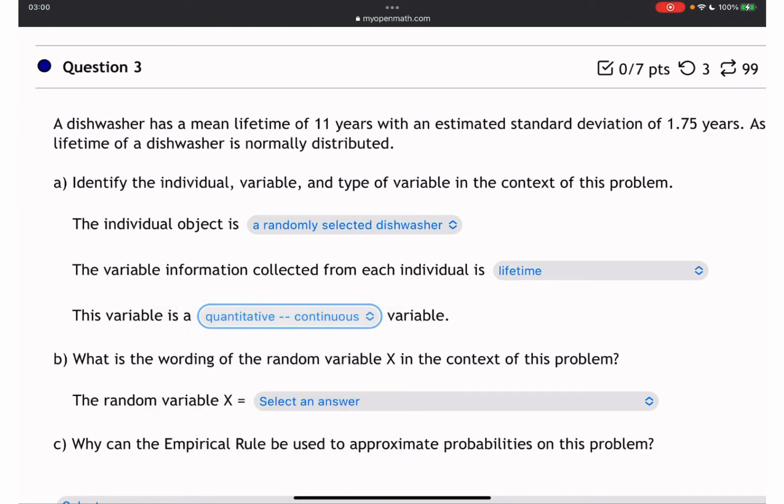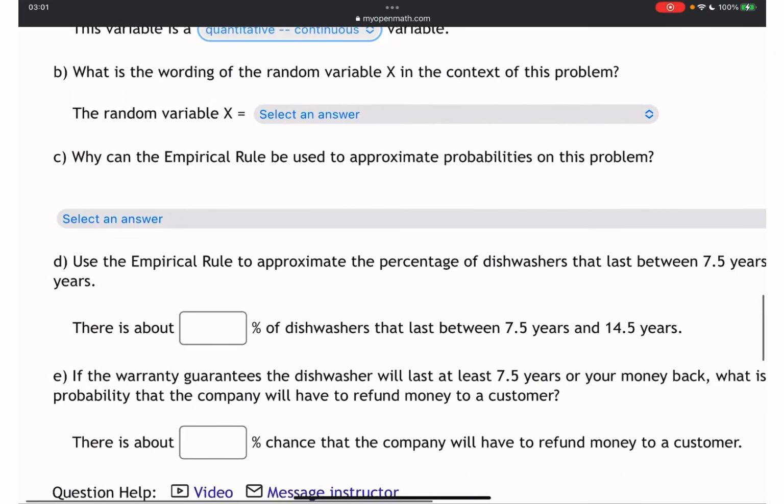Why is it like that? Because we are not counting, and because it's lifetime, nobody knows how long it's going to run. Next.